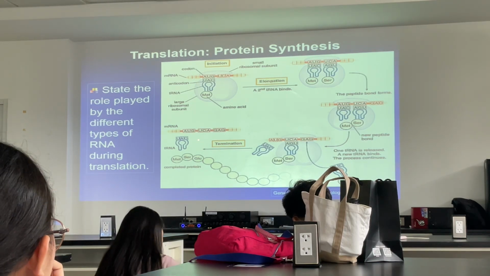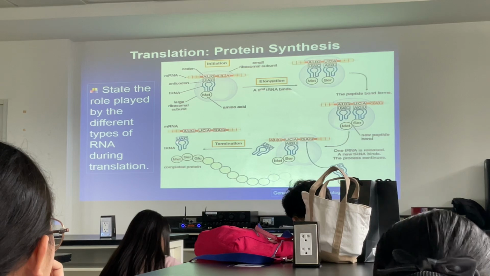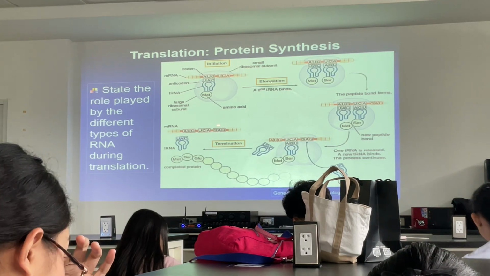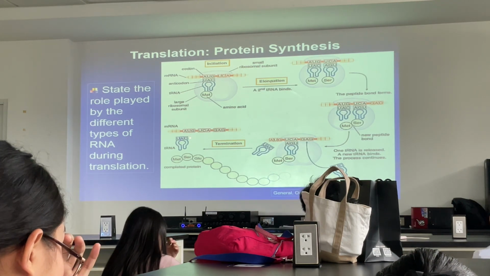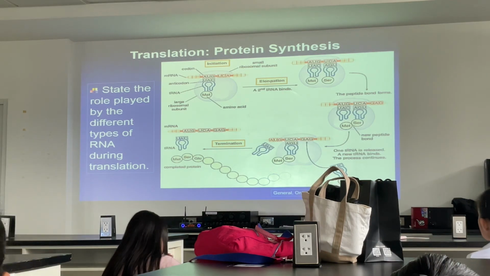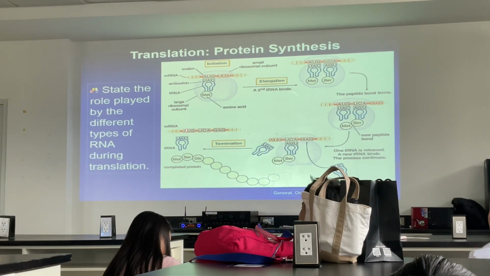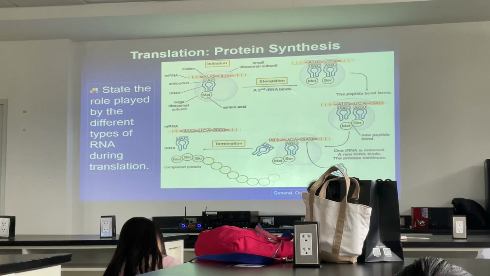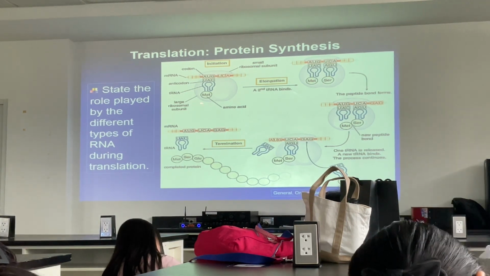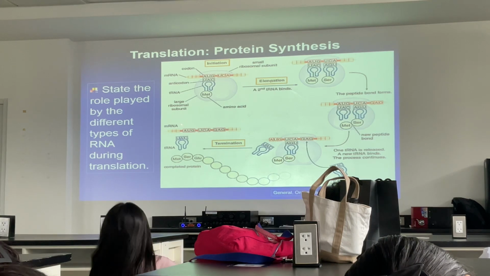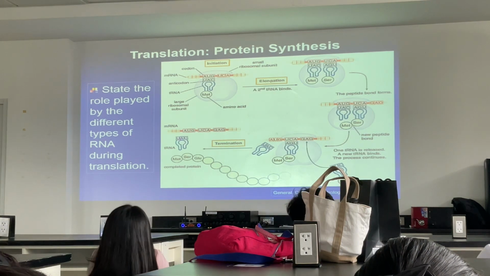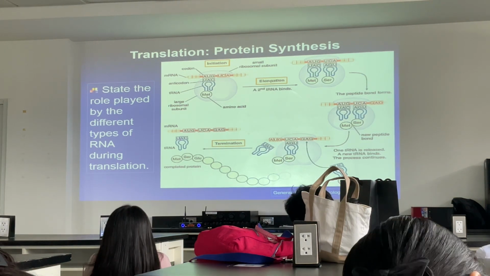So the tRNA ensures that the amino acid it brings to the growing polypeptide chain is the correct amino acid. The ribosome cannot determine if the correct amino acid is attached to the growing polypeptide chain. It is the role of the tRNA.